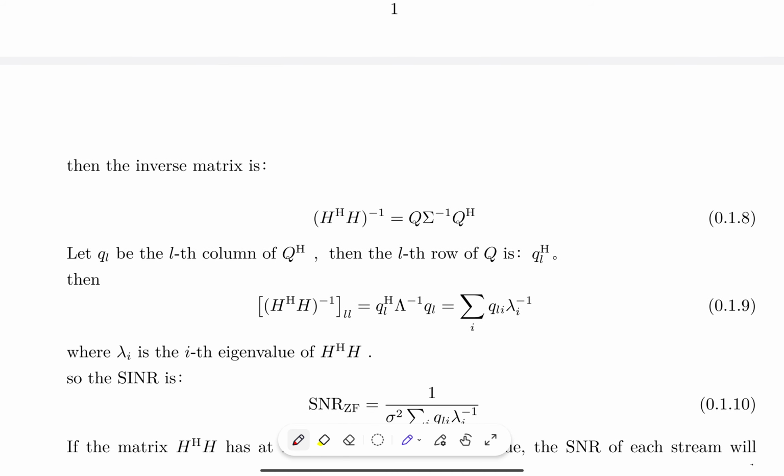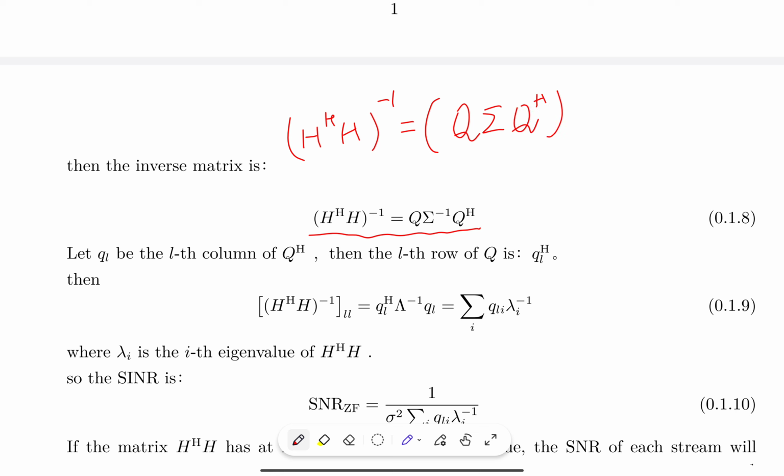This one's inverse is Q sigma Q H inverse. We need to do this inverse, but we know Q H is Q inverse, so its inverse is itself.